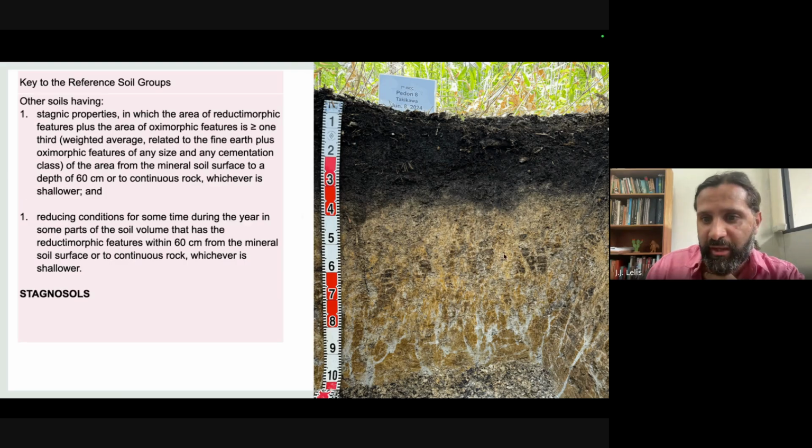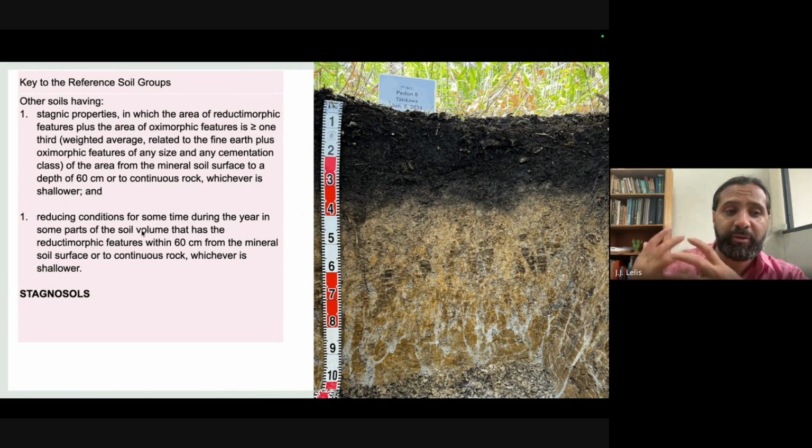So we can see that the stagnic properties start around here and are much more common and abundant here, but they start around 50, 60 centimeters. You can see here especially these grayish colors, okay? And reducing conditions for some time during the year in some parts of the soil volume that has the reductimorphic features in the first 60 centimeters from the mineral soil surface or to a continuous rock, whichever is shallower.